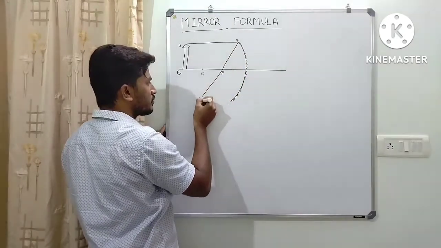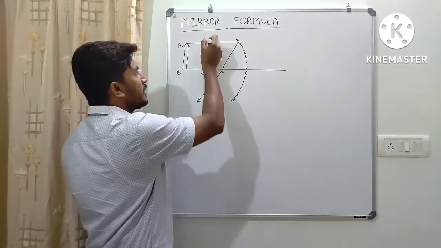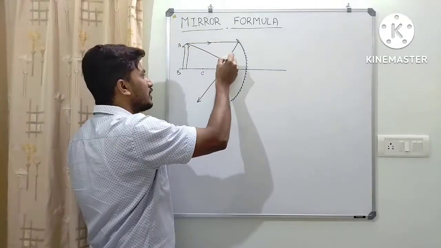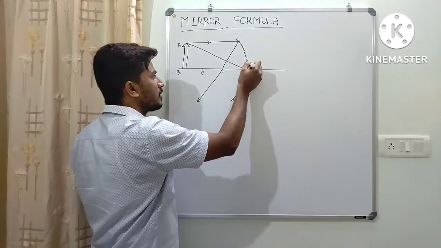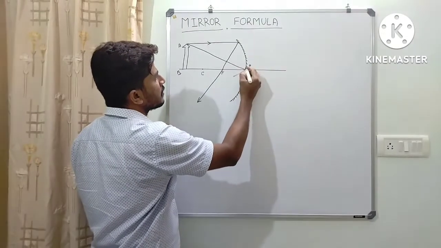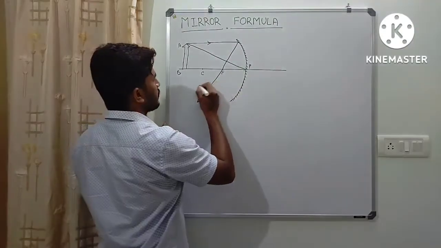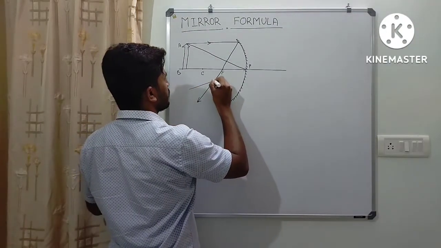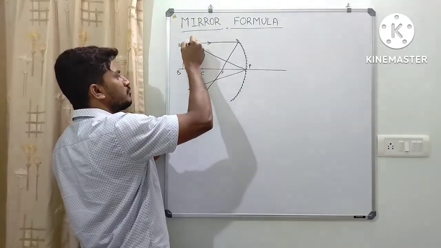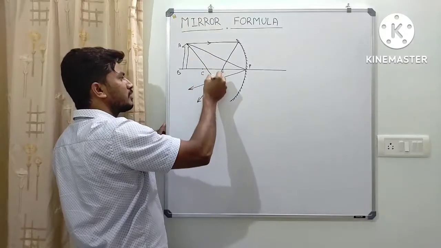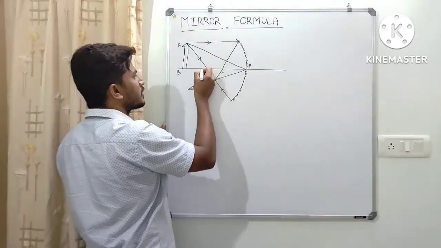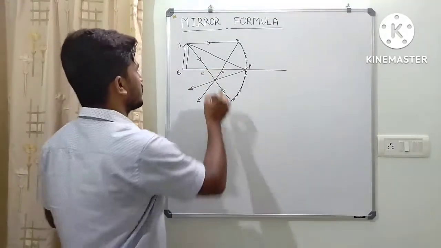If I consider one more light ray, which hits the mirror at pole P, it moves in this particular direction. And if I consider one more light ray which moves through the center of curvature, it reflects back, so I need to consider the center of curvature here.